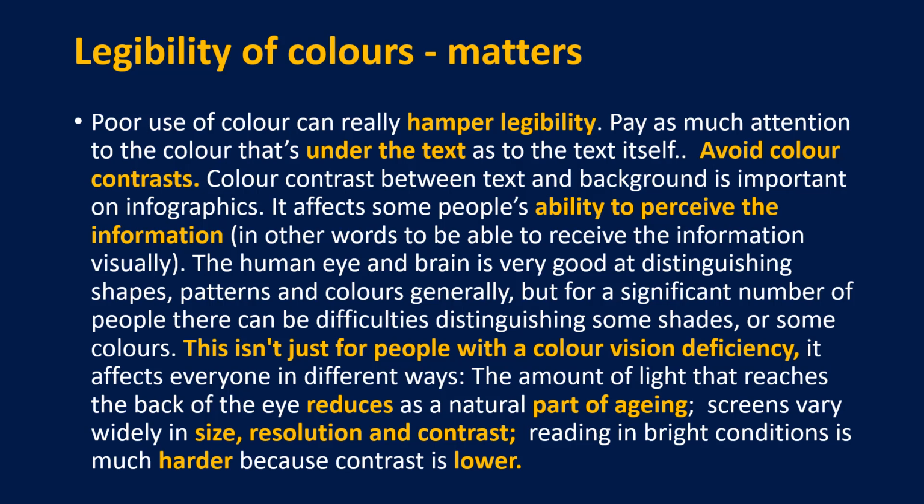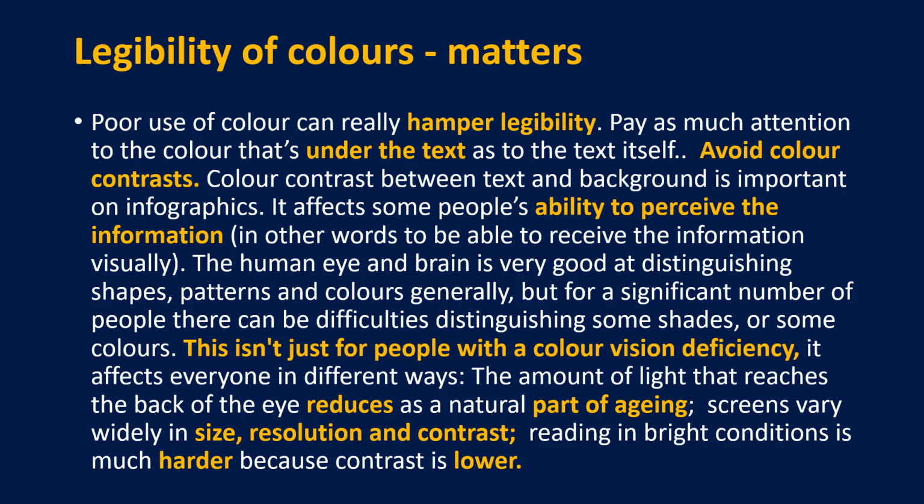But there are a lot of people that can't distinguish particular shades or even particular colours. Now, don't confuse that with colour blindness. That's a completely different thing. But a large proportion of the population will have some issue, which is a kind of colour vision deficiency.